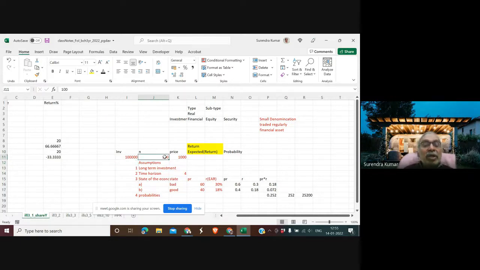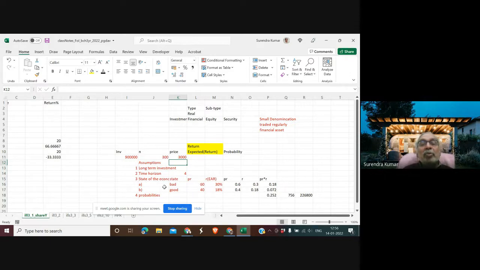If your investment is not 1 lakh, but let us say it is 3 lakh, you have bought a share which is of a different kind. You have bought a share which was actually priced 3,000 rupees when you bought it. So you needed an investment of 9 lakh rupees.